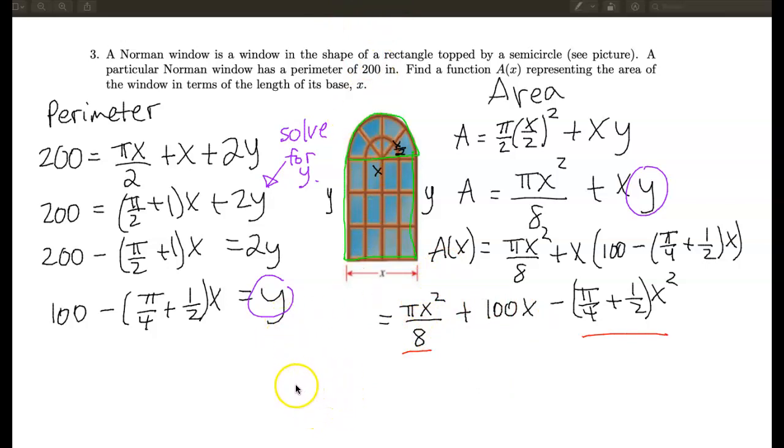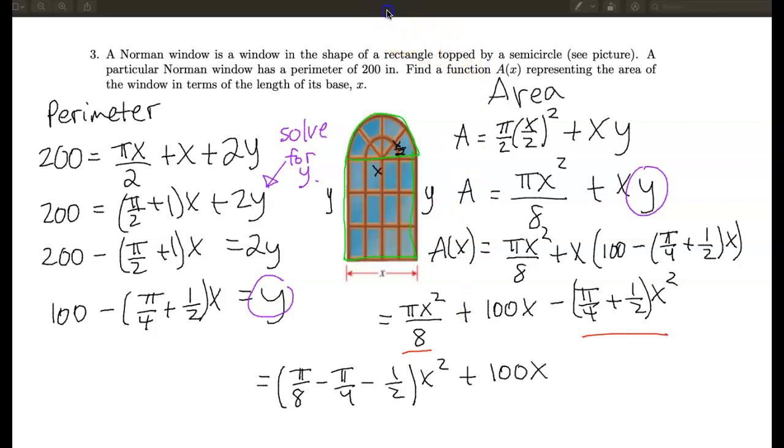So I'm going to go ahead and factor out the x squared on these two terms and then play with the constants. So I'm going to have (pi over 8 minus pi over 4 minus 1/2) times x squared plus 100x.